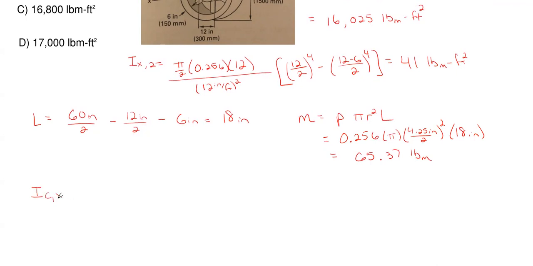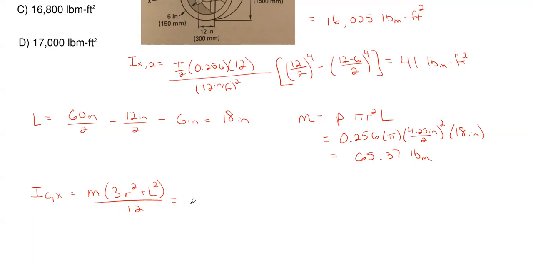This is just going to be a part. So I'm just going to call this one ICX, and this will be M multiplied by 3r squared plus L squared divided by 12. And this would be the equation that you would use for a solid circular object for the mass moment of inertia about its own centroidal axis.